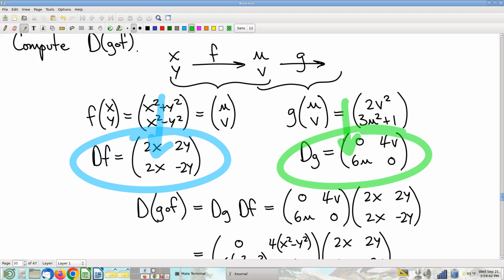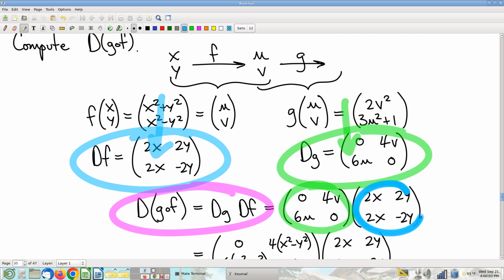No, it's going to automatically take care of itself. There's df, there's dg. Again, we're interested in the composition. Derivative of the composition is the product of the individual derivatives. Do be careful about which one's on the left, which one's on the right. We actually have dg on the left here, df on the right, because f acts first. Right?